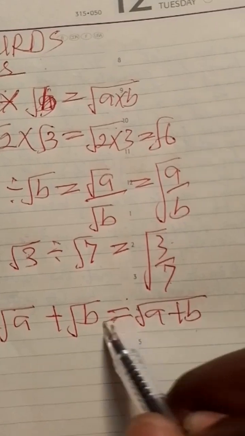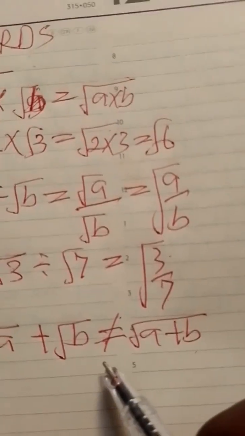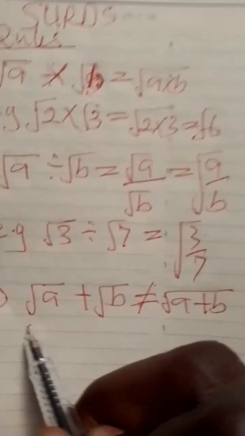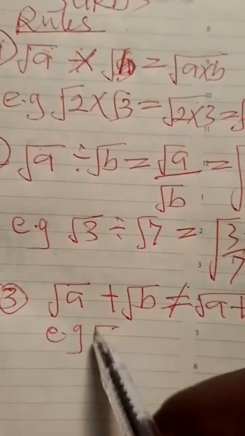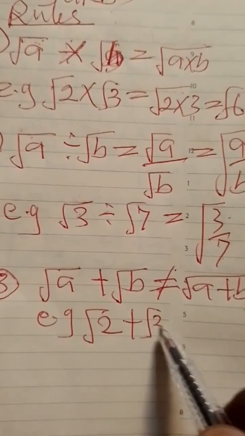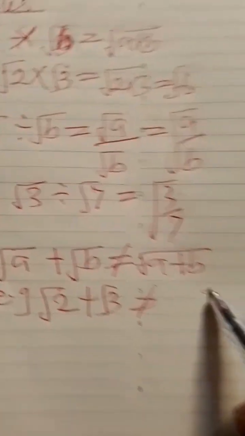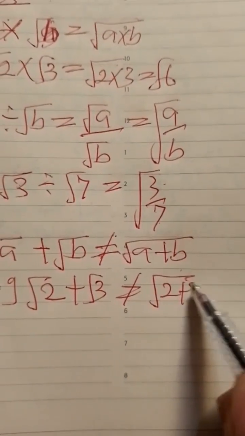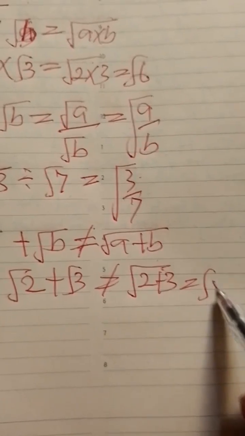So we can say not exactly equal to. It means the square root of 2 plus the square root of 3 is not the same thing as the square root of 2 plus 3, which is the square root of 5. It can't be the same at all.